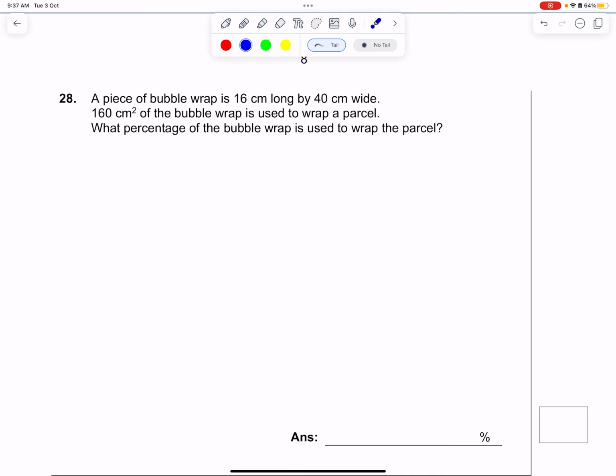To help us, we first need to know the total area. So total area would be 16 times 40. So this is 640 cm squared.